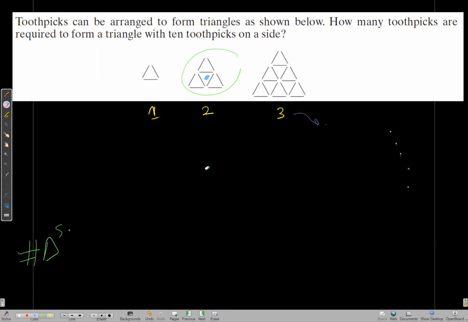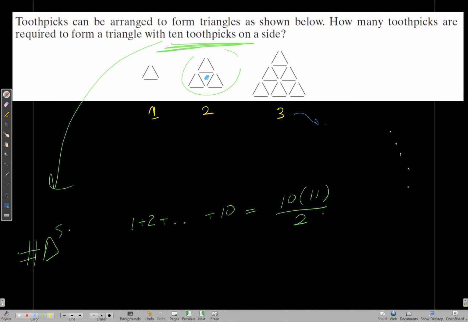So number of triangles for 10 toothpicks. Number of triangles is 1 plus 2 plus all the way up to 10. So that is n times n plus 1 divided by 2, which is 55. But that is the number of triangles. For one triangle, we need 3 toothpicks.